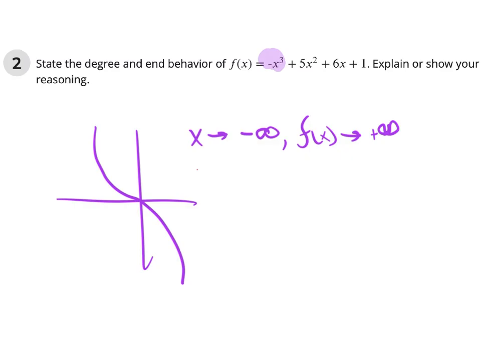As x goes to positive infinity, f of x goes to negative infinity. So as x goes this way, f of x goes that way. As x goes this way, f of x goes that way.